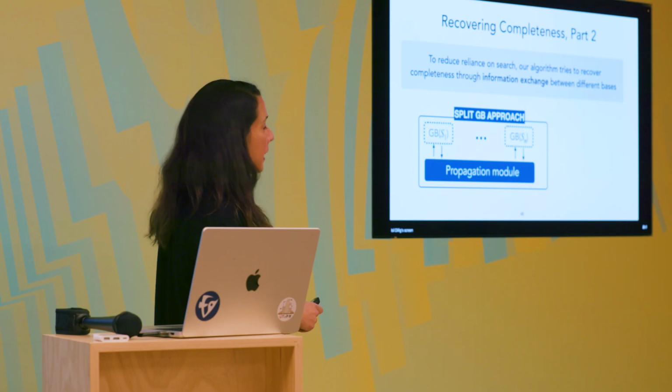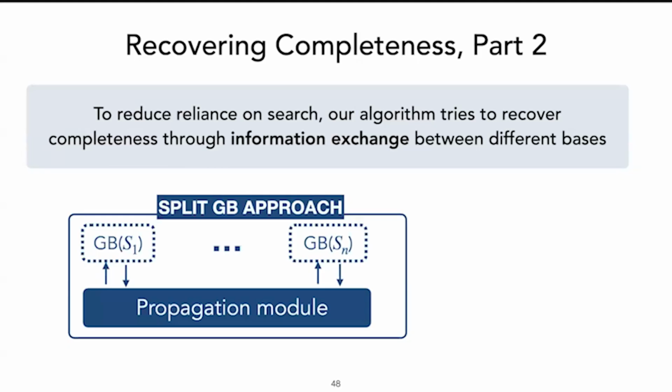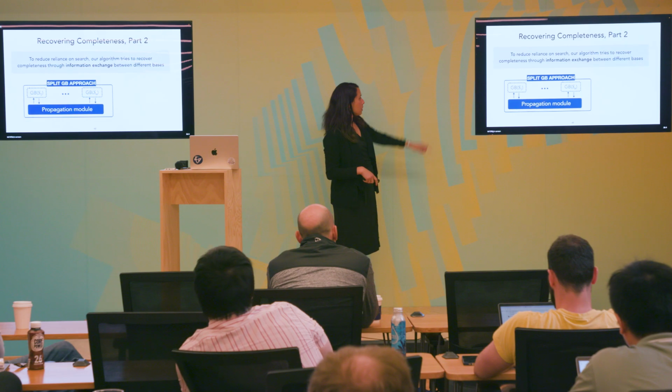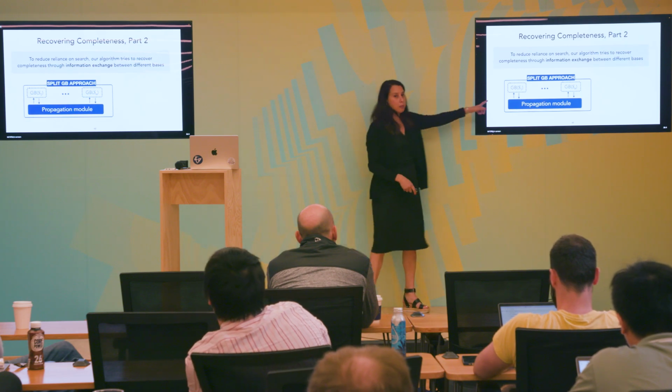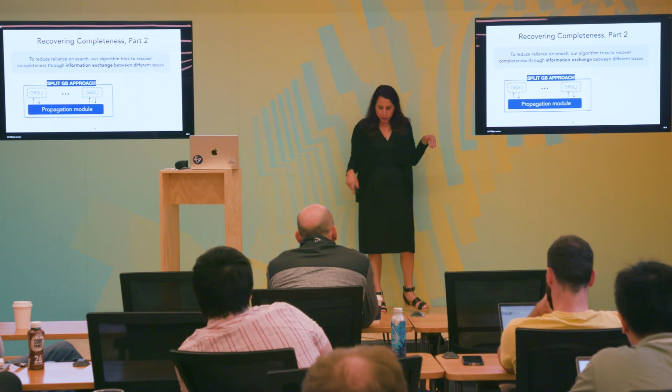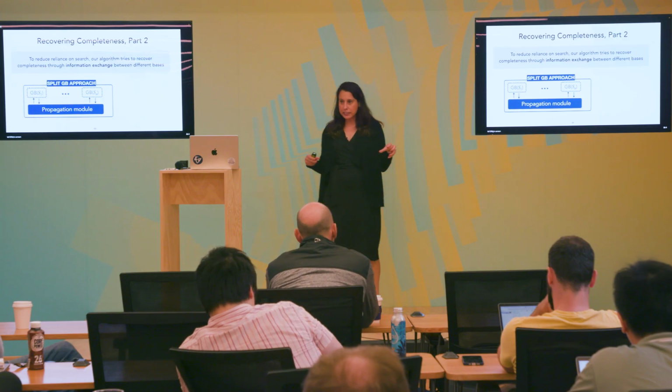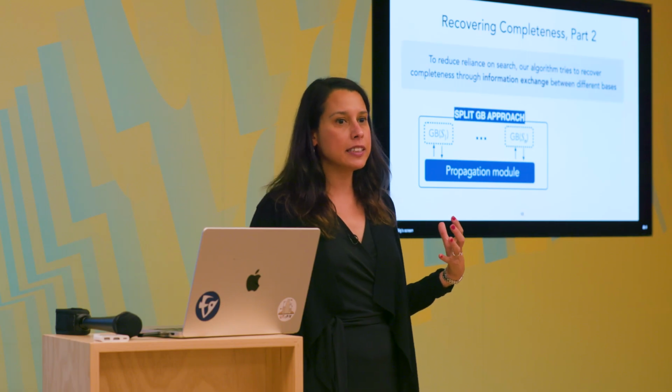In this split Gröbner basis approach, we break our system into n different subparts. We compute a Gröbner basis for each of them separately. But after we compute a Gröbner basis, we have this thing called the propagation module, which is going to inspect each of the bases and try to do some reasoning.